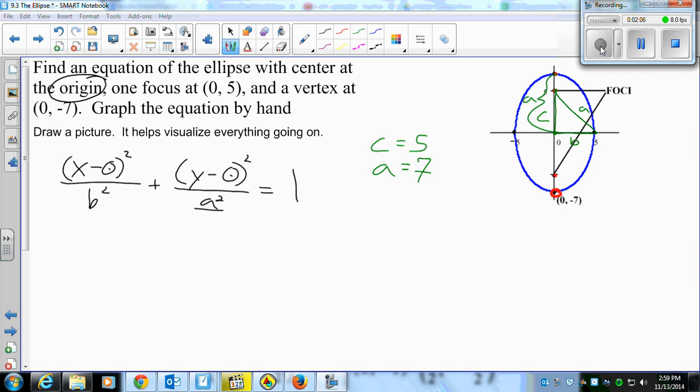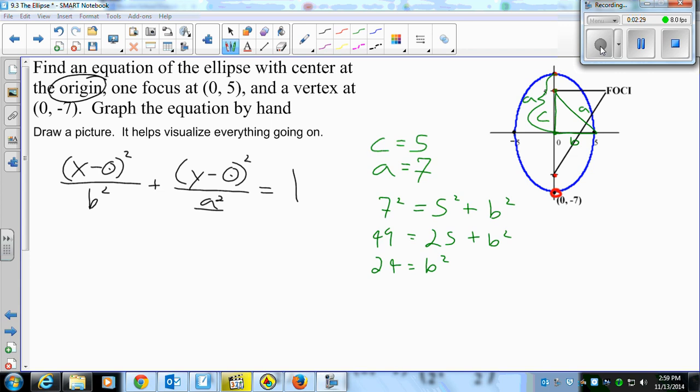So I can go ahead and solve for b by using my Pythagorean theorem. So I get 7² is equal to 5² plus b². I get 49 is equal to 25 plus b². So I get 24 is equal to b².